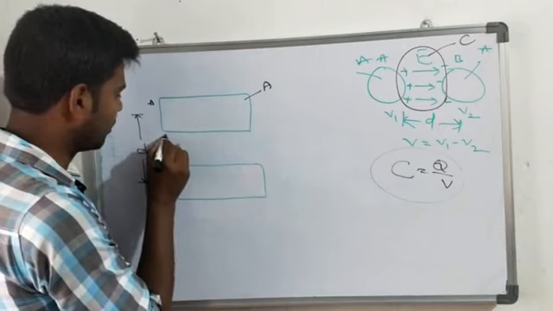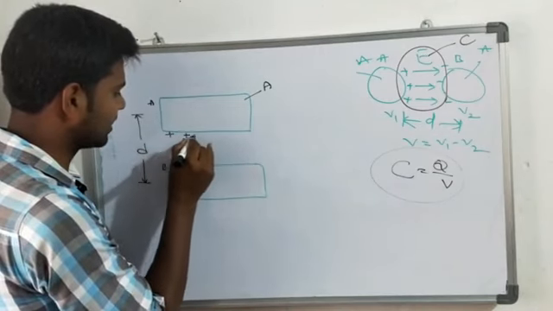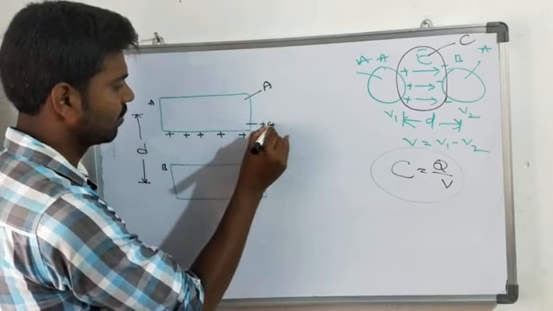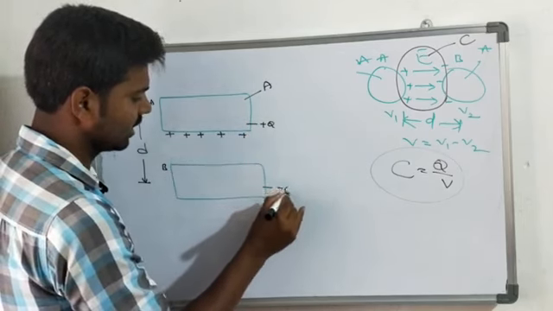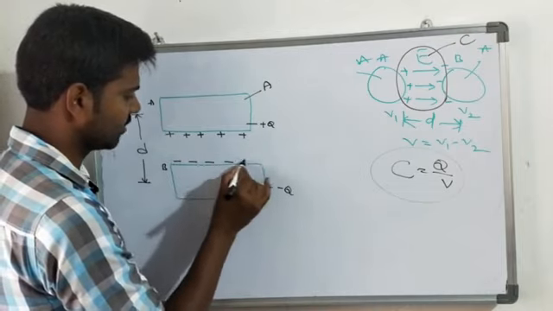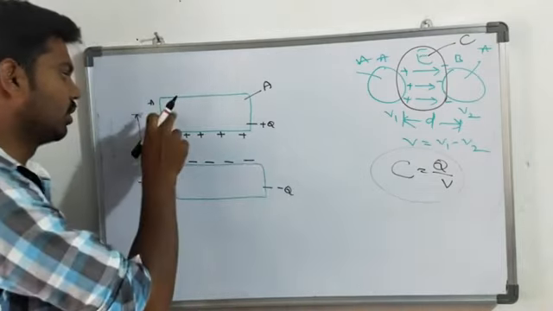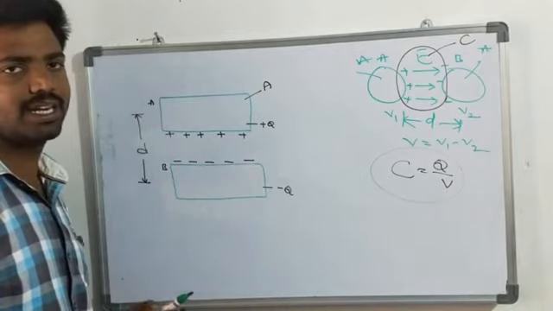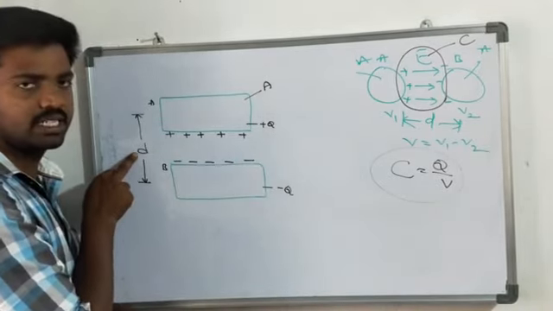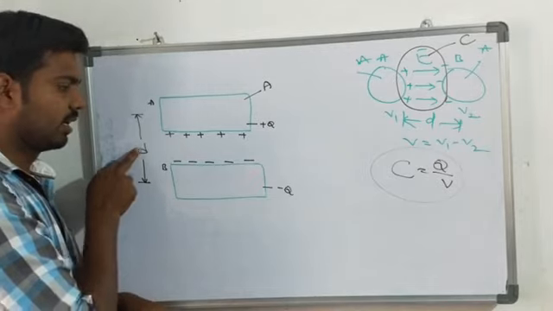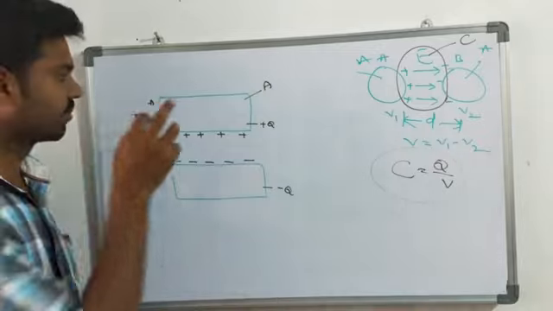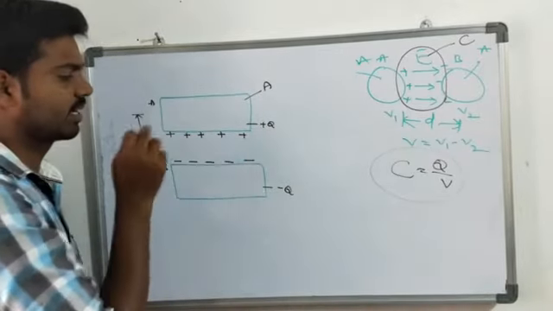As I already told you, this conductor has charge plus Q and this conductor has charge minus Q. Let us consider two conductors A and B with separation distance D, and let A be the area of cross section of each conductor.